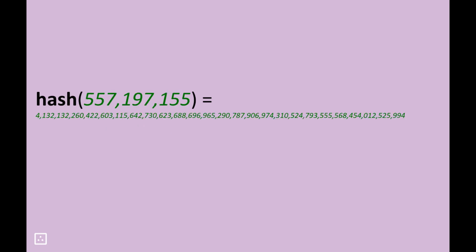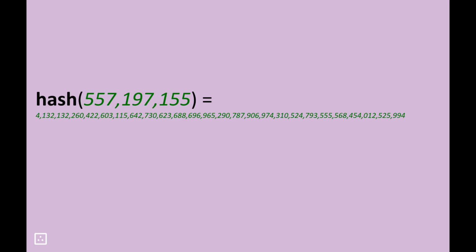Here's an example. 557,197,155 is a number, and the result of passing it through the hash function is 4,132 sept to dec? You know what, it doesn't matter. We don't usually think about hash functions operating on integers like this because we work with other equivalent representations.